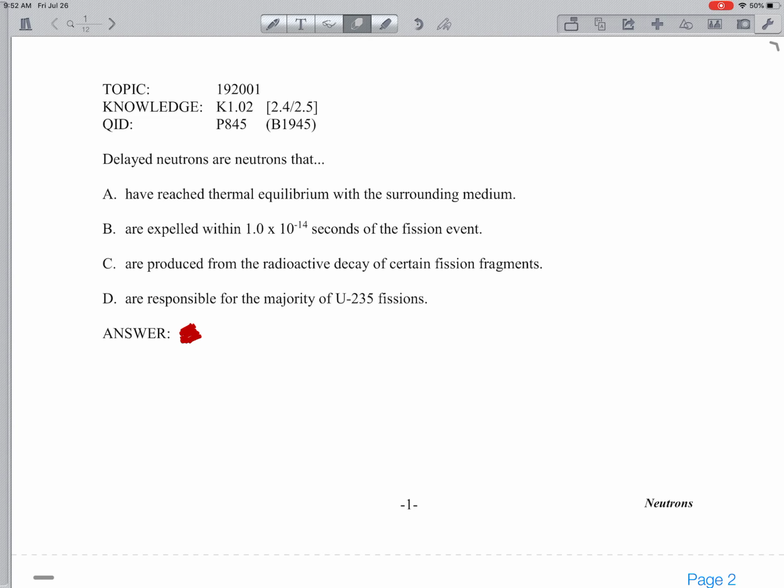The next question. Delayed neutrons are neutrons that, there's another definition question. Have reached thermal equilibrium in the surrounding medium. That's going to be a thermal neutron. Are expelled within 10 to the minus 14 seconds of the fission event. That's going to be a prompt neutron.